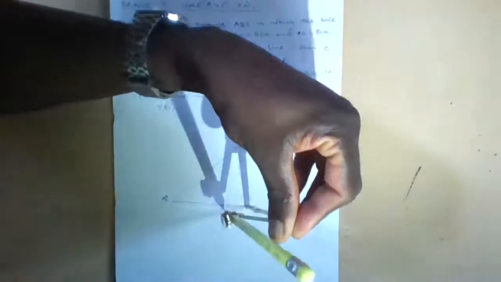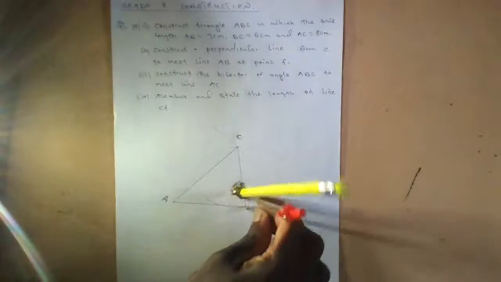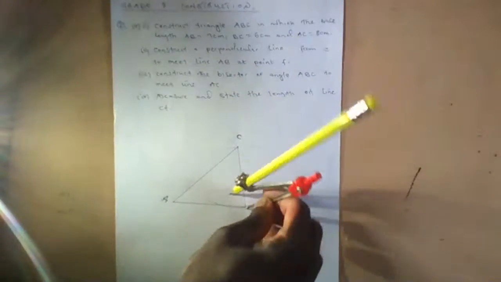So if that is where I'm standing, the point that I'm talking about is that. So I have to adjust the pair of compass to at least more than half, up to there, and draw one arc. The light now is okay. This light is a little bit stable. So you stand here and draw an arc on top.